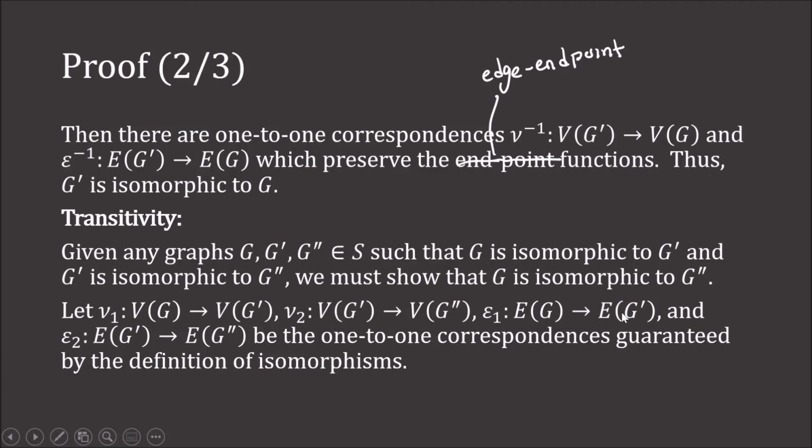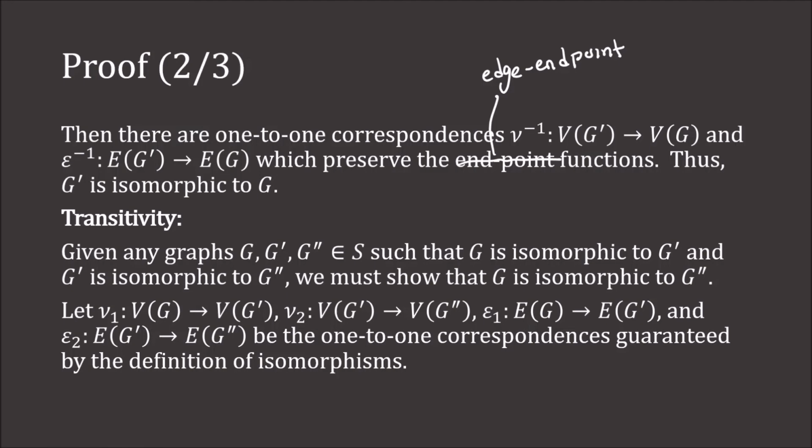These are the two one-to-one correspondences guaranteed by the fact that G is isomorphic to G prime. Then nu 2 will be V of G prime to V of G double prime. Epsilon 2 will be from E of G prime to E of G double prime. Those are the two one-to-one correspondences guaranteed to exist from the fact that G prime is isomorphic to G double prime.